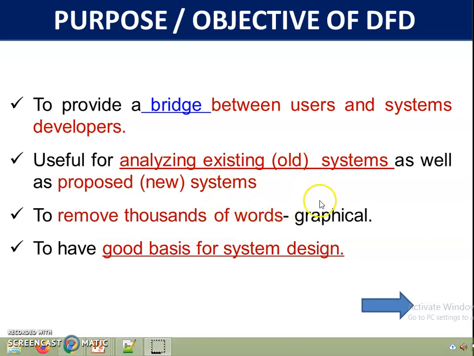Third, since the data flow diagram is graphical and there are symbols to be used, this will remove thousands of words which will be difficult later on to understand by the system designers and others involved in the development of the project. And lastly, this is a very good basis for system design as it will show the movement of data from one process to another.